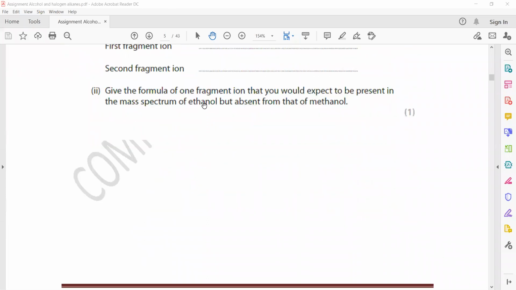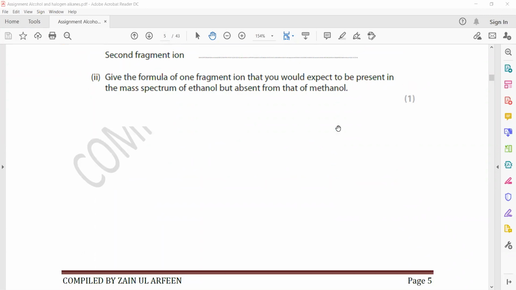Then give a formula of one fragment ion that could be expected to be present in ethanol but absent in methanol. So what we can find in ethanol but we cannot find in methanol. So that is C2H5, because in methanol we have CH3OH, so maybe it will dissociate into CH3 and OH.